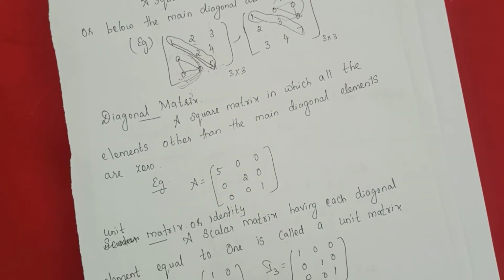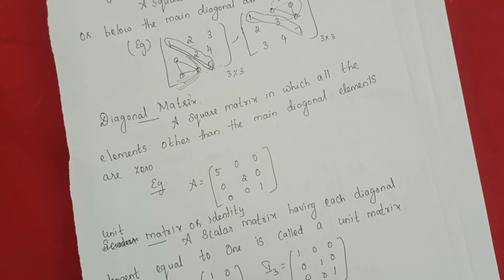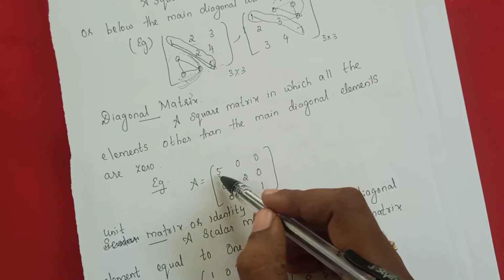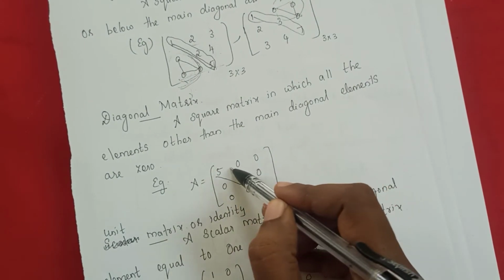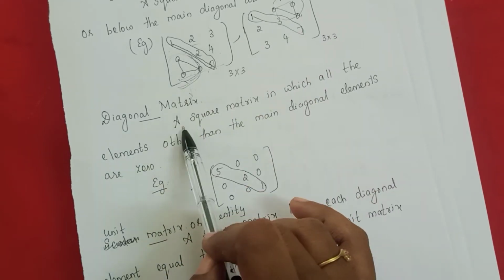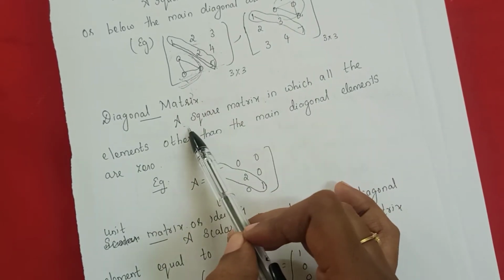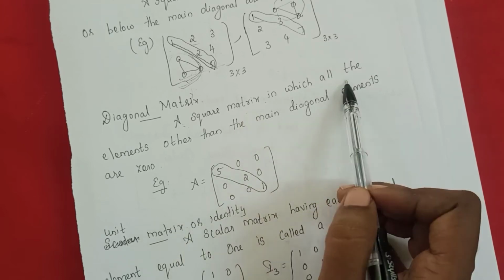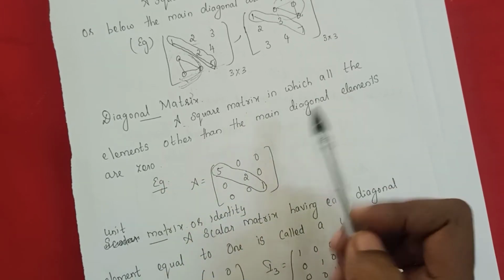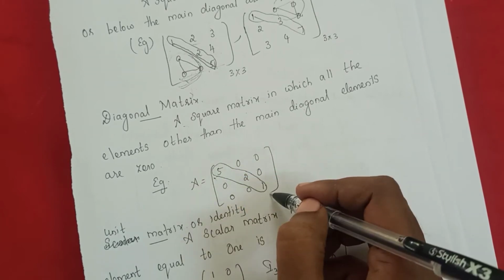Okay. Then next one is diagonal matrix. What do you mean by diagonal matrix? So first you need to know what you mean by diagonal, then only this will be easy. This all the types of matrix are possible only in a square matrix. Here a square matrix in which all the elements other than the main diagonal are 0. So this is a main diagonal.